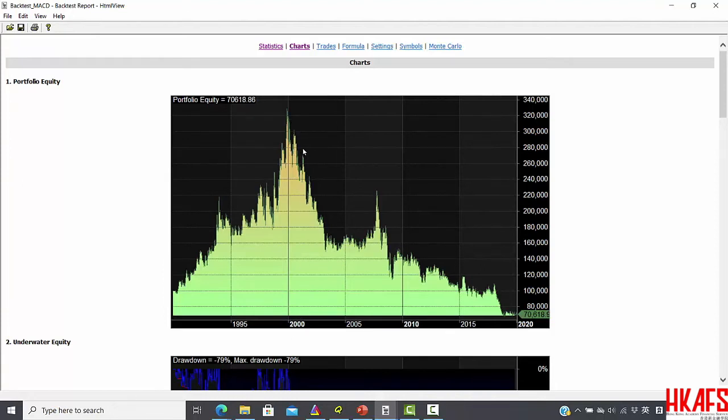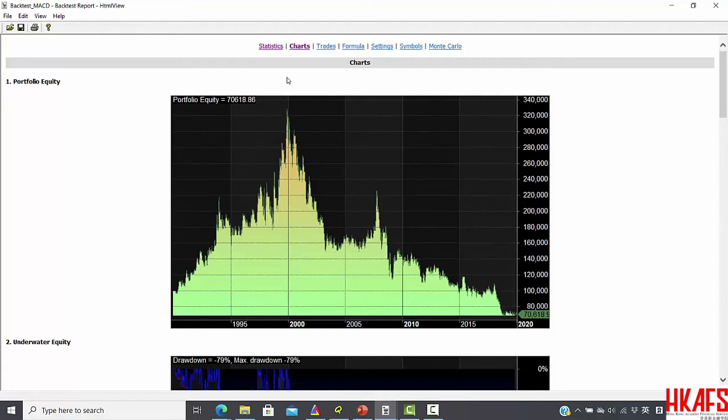We keep on losing money, with a rebound here, but only for a short period of time, and then immediately it drops here. Also, after 30 years I'm losing money.